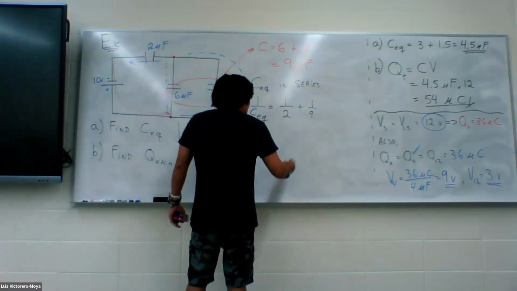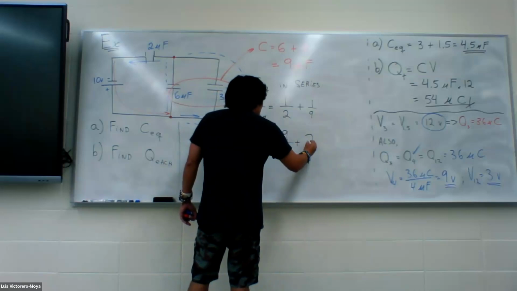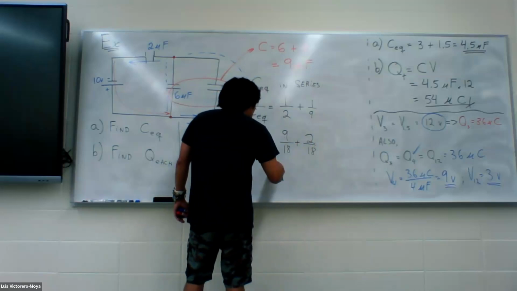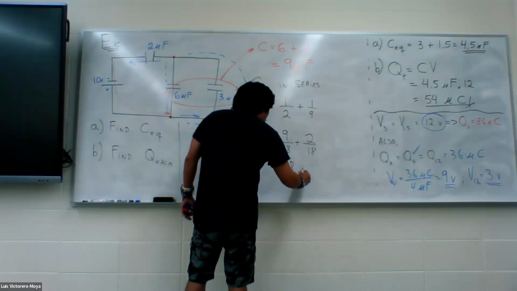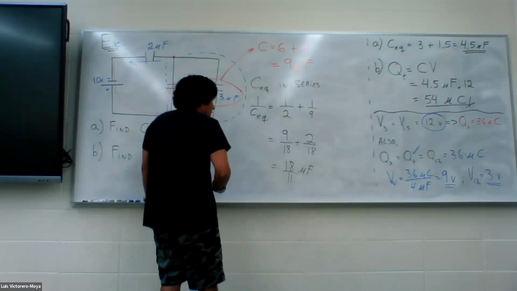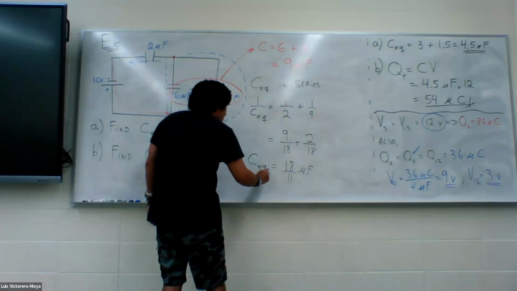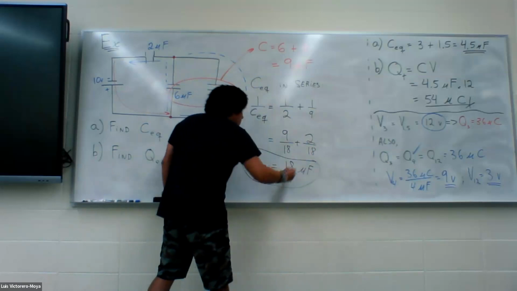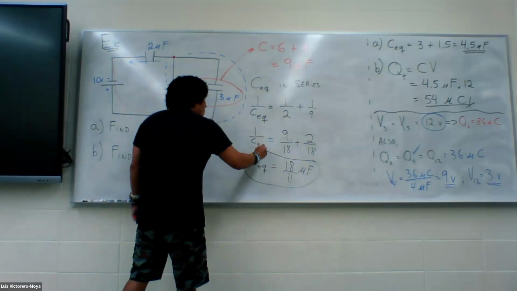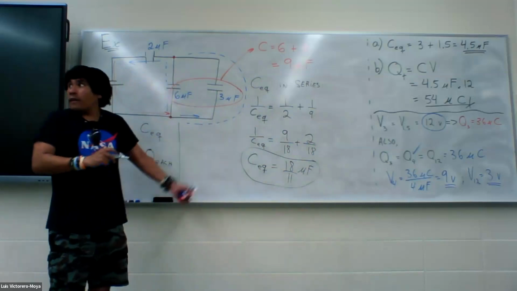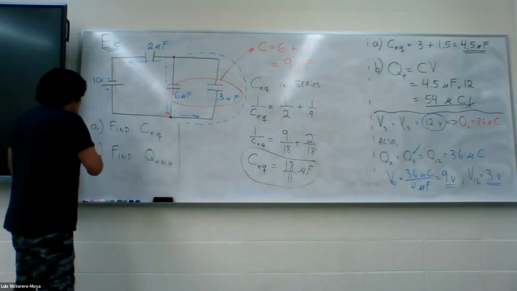So 9/18 plus 2/18, that gives you 11/18, so C equivalent is 18/11 microfarads. I mean, if you flip it, of course. Okay, so I found this.